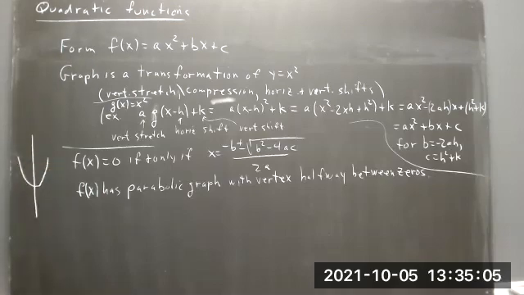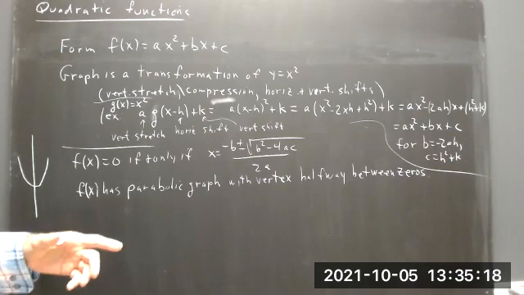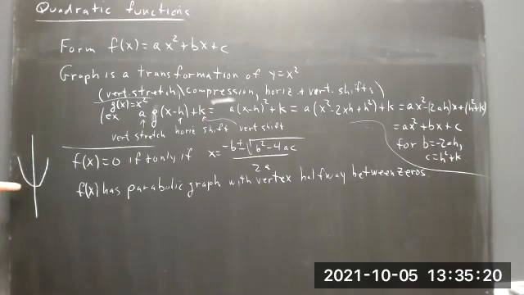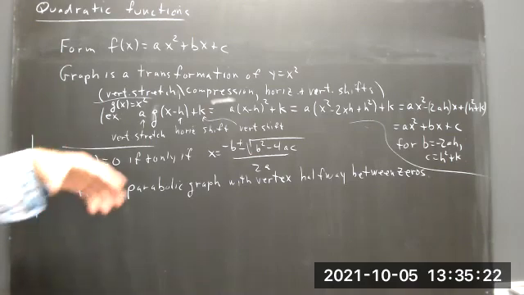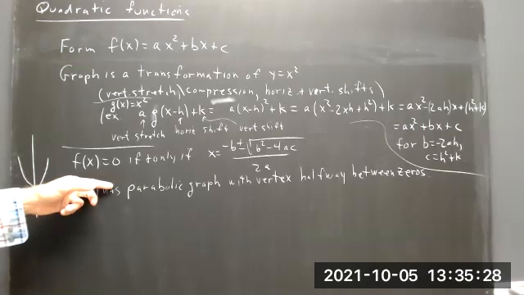No matter how you vertically stretch it, that's not going to change the axis of symmetry. If you horizontally shift it, then that will change the axis of symmetry. If you horizontally shift it h units, that's going to move the axis of symmetry out to where x equals h.